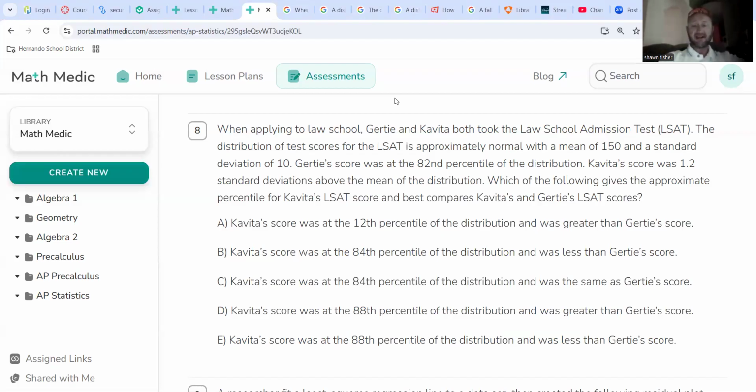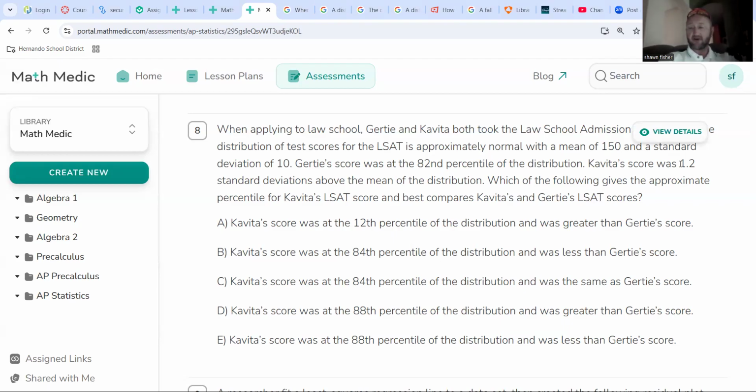Gertie's score was at the 82nd percentile, and Kavita's score was 1.2 standard deviations above the mean. Which of the following is the approximate percentile for Kavita?